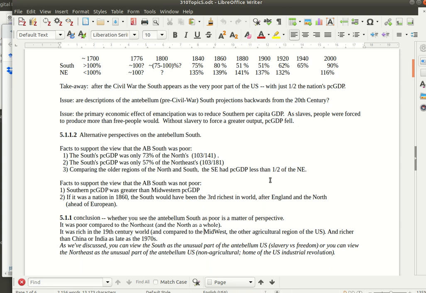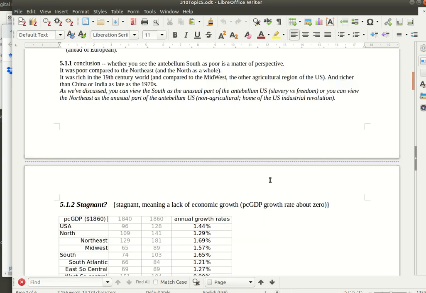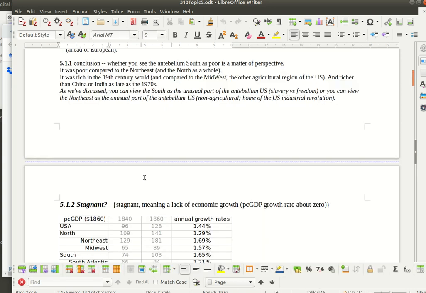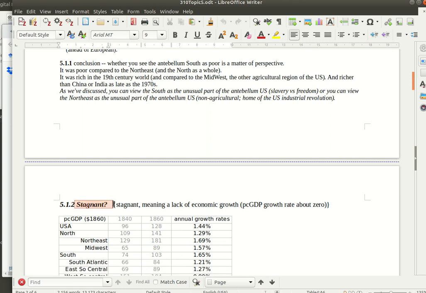All right, let's move quickly on and highlight the key points in the notion of whether the South was a stagnant economy. Ideally, you'll remember way back in aggregate economic history, the exam question was, was the colonial economy stagnant, and the answer was, well, yes, stagnant in the sense of a lack of economic growth.